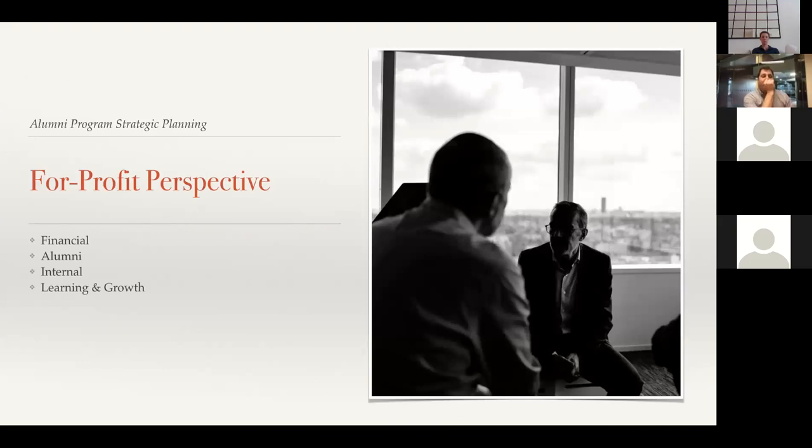So, here you talked a little bit about, okay, learning and growth ladders up to internal, ladders up to alumni, and then financial. I think for a for-profit program, while you might look at your end result as being just serving the alumni, you might get benefit in having that financial perspective put in as well, because they're ultimately going to want to know how it contributes to census.